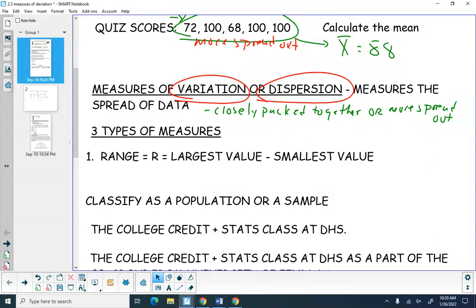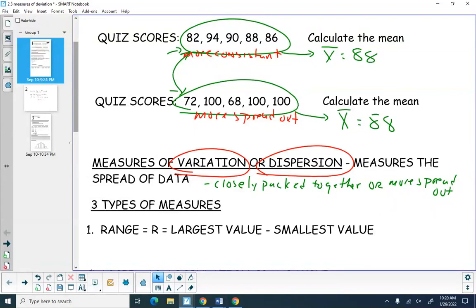Large minus small. So if we take a look at the top one here, our range is our biggest value, which is 94, minus our smallest value, which is 82. So we have a range of 12.